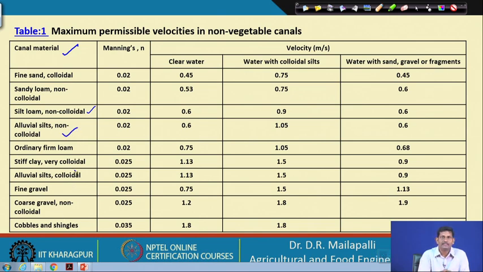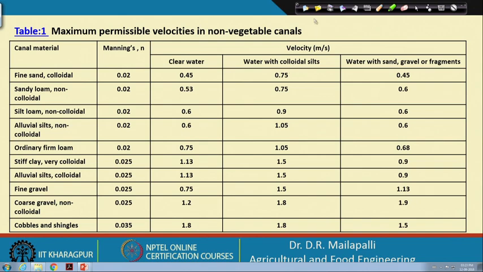Based on the soil type, Manning's n is in the second column, and then the maximum permissible velocities for clear water, without colloids or silt, and for water with colloidal silts and with sand, gravel, fragments. If the water contains these heavier particles, then the maximum permissible velocities go like this for a particular soil type. With this table we will identify the maximum permissible velocities by knowing the channel material.